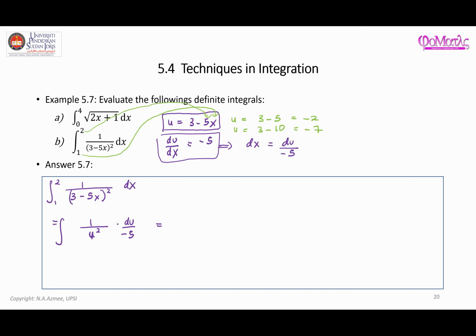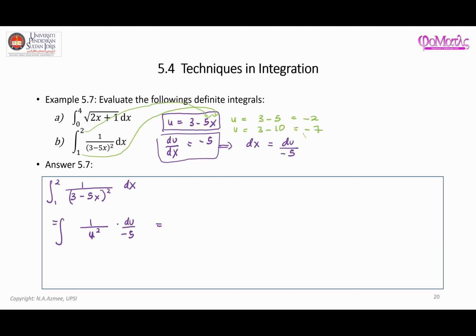Now you might think it's a bit weird to have a representation where the upper limit is less than the lower limit. Well, if you don't want to do that kind of representation, there is another way of doing it. You can start by evaluating this and then changing it back to the original representation here.